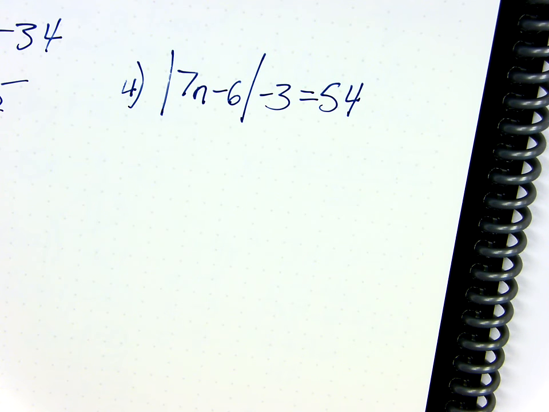Did everybody get 9? 9 is one of the answers. What's the other one? Negative 15 over 7? 51. Oh, 51 over 7.